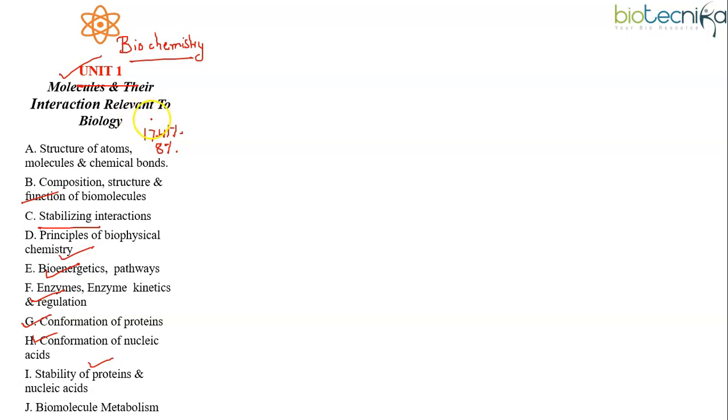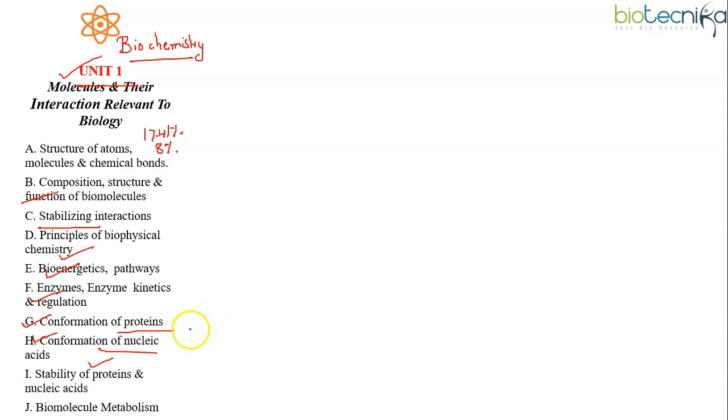Like for instance, here you study the basics of nucleic acids, right? So if you don't know the structure of nucleic acid, how will you understand replication? If you don't know the structure of proteins, how will you understand translation? The fundamental processes which you study in Unit 3.